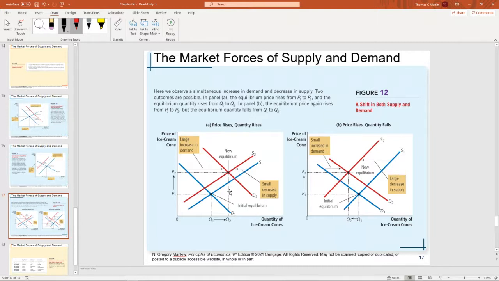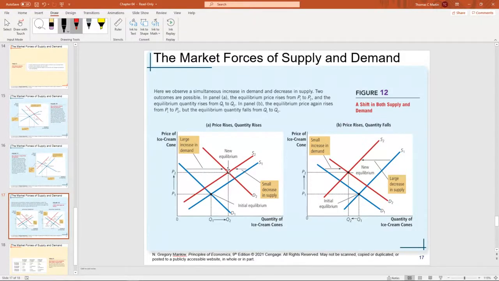We have ice cream cones. We see a big shift in demand and a small decrease in supply. We go from this equilibrium to a new equilibrium. It's placing one supply and demand curve on top of the other.